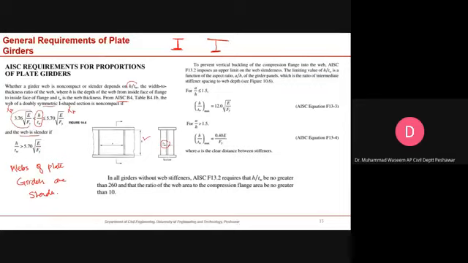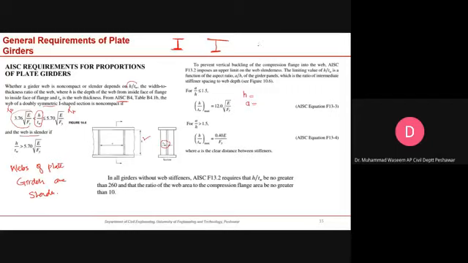Now there is an additional requirement, to prevent vertical buckling of the compression flange into the web. There is a limiting value for h by t, the depth to thickness ratio, and this requirement is in terms of a by h. We know that h is the web depth, but what is a? a is the distance between the stiffeners.